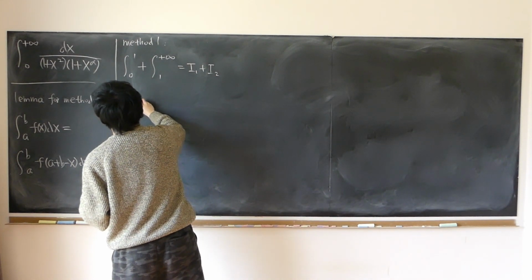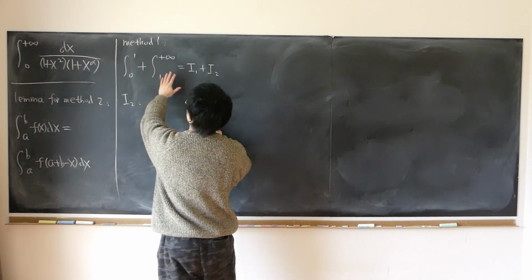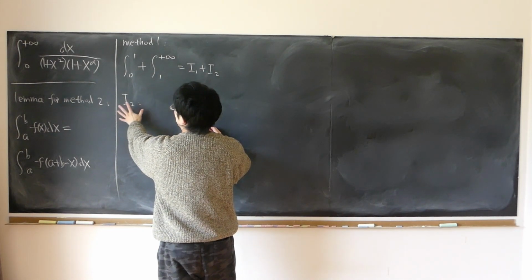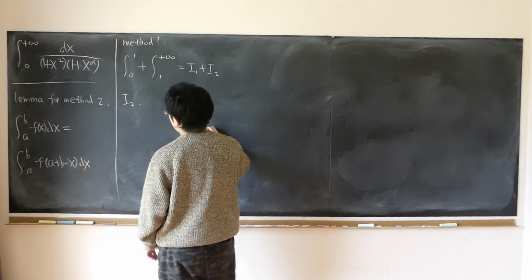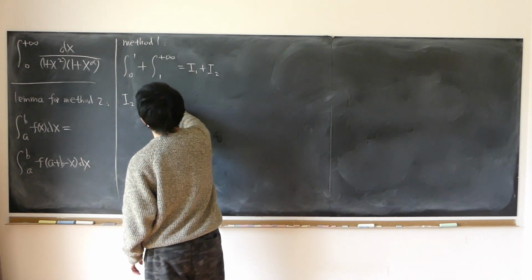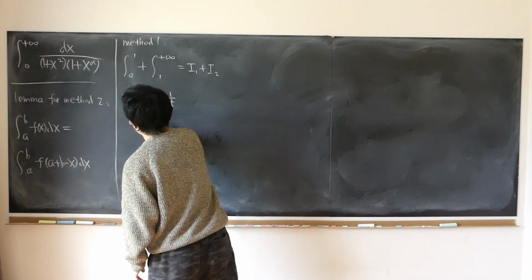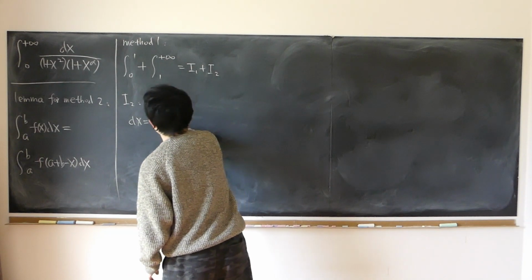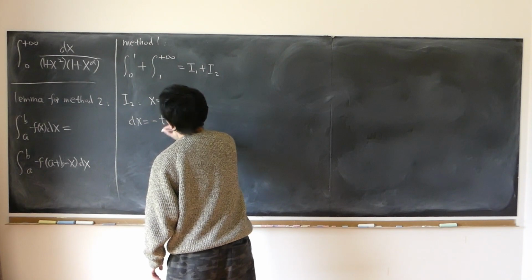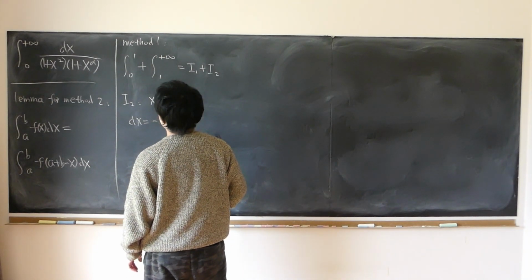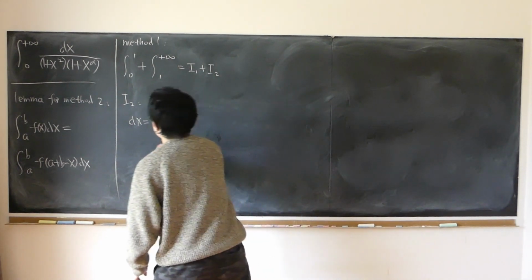Now, I want to look at the integral I2. We can simply use the reciprocal substitution: let x equal 1 over t. That way dx is just minus t to the power of negative 2 dt. Remember to change the boundaries.